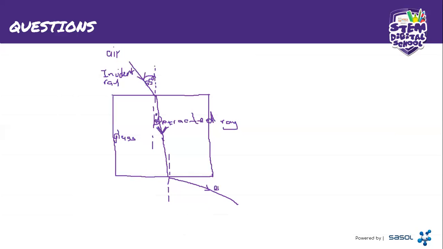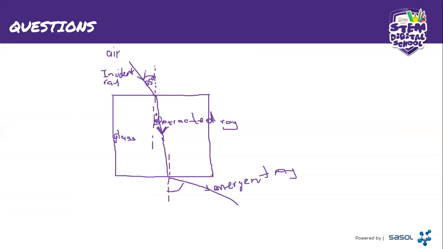So this, we call it an emergent ray. It emerges on the other side of the second boundary. And we know the angle between the emergent ray and the normal, we call it the angle of emergence.